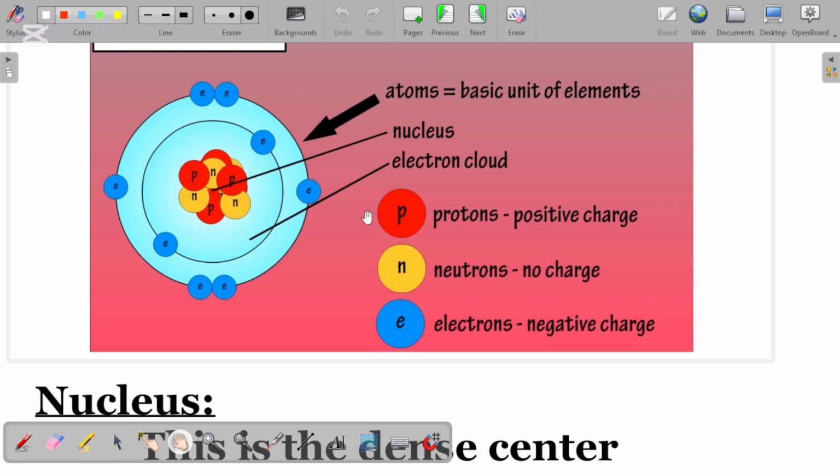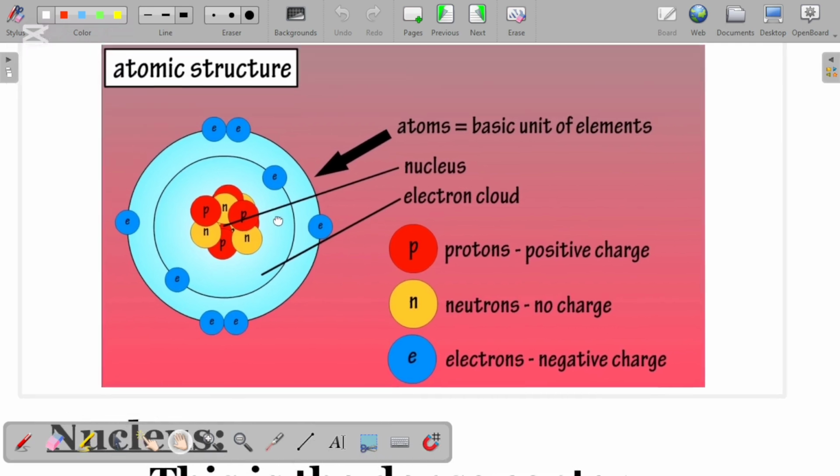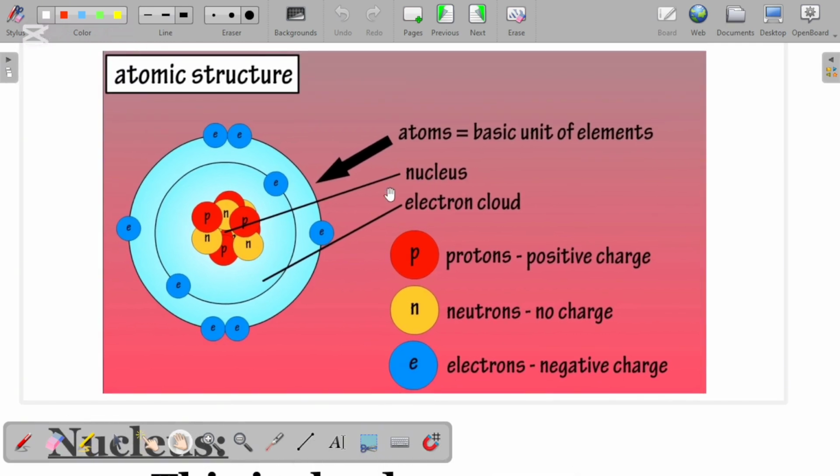The red shaded particles are protons and they are positively charged. The gold shaded circles are neutrons and the neutrons are neutral. They have no charge. And remember, the nucleus is made up of protons and neutrons. So the combination of protons and neutrons is called the nucleus.